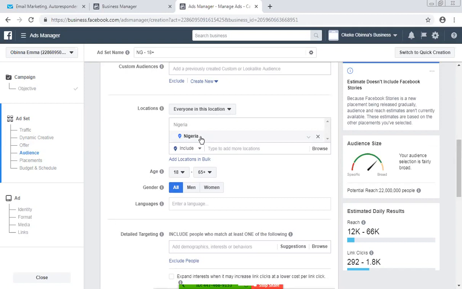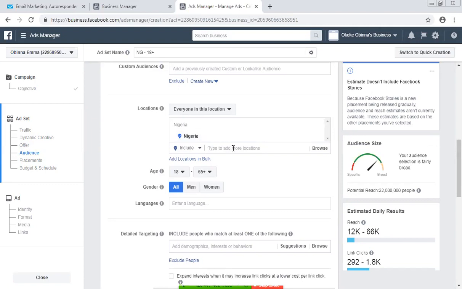And that's why before you even start setting up your advert, you must have done an in-depth research. The kind of product you want to sell, who is your ideal customer, where do they live? Of course, by the time you use Facebook Audience Insights and every other thing I've shown you in the previous videos, you should be able to know the location, the states to target.